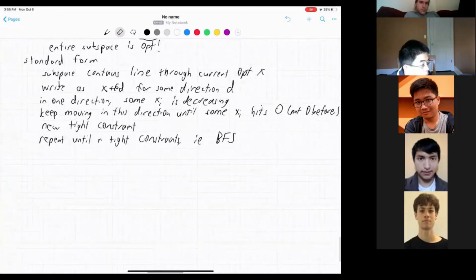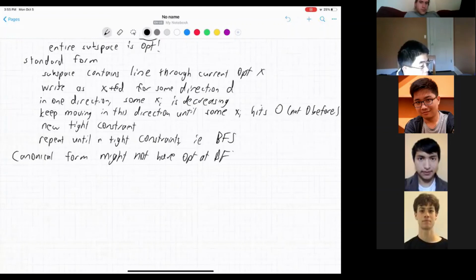Now I asserted, and now let me show you, that in canonical form, you might not have the optimum at a basic feasible solution. And I can demonstrate that for you. If we just consider the canonical form LP that says to maximize x, subject to the constraint that x is less than or equal to 1.